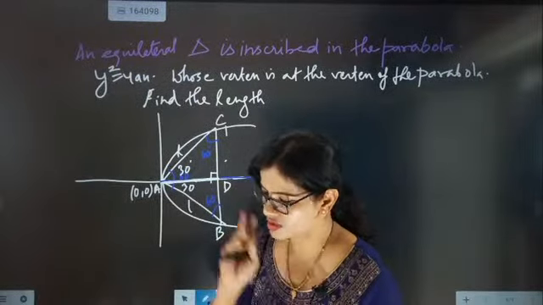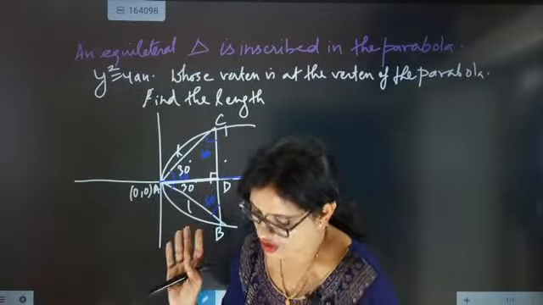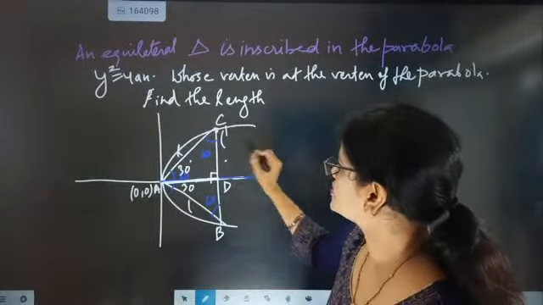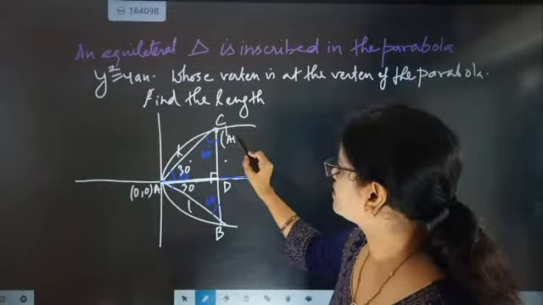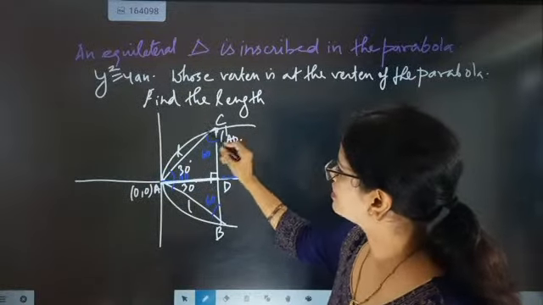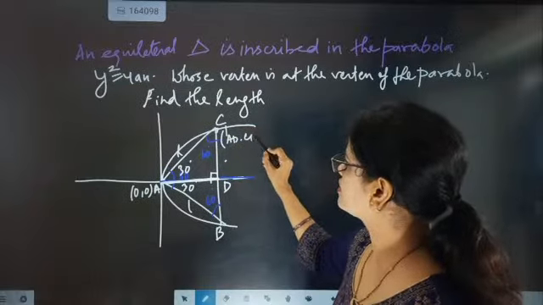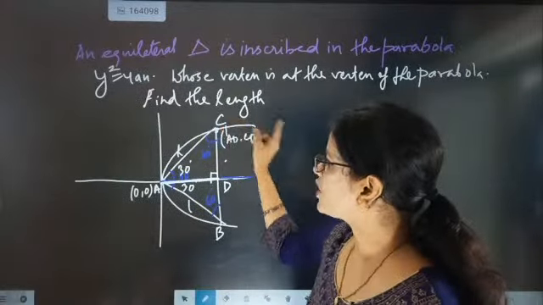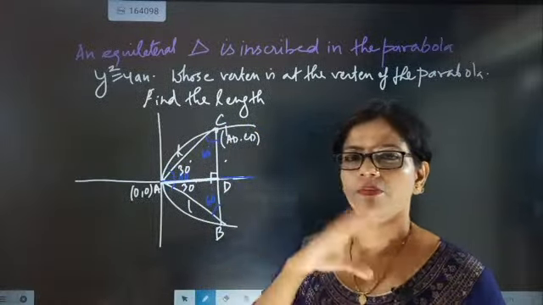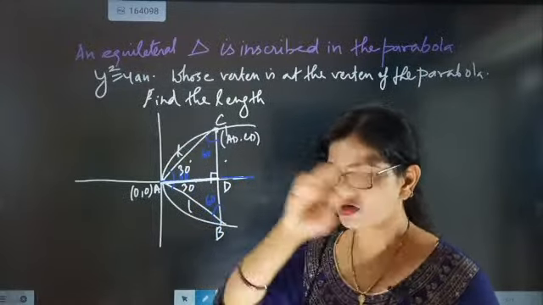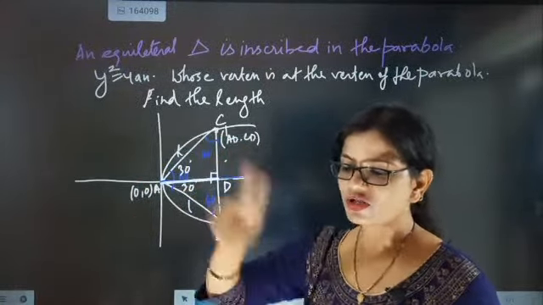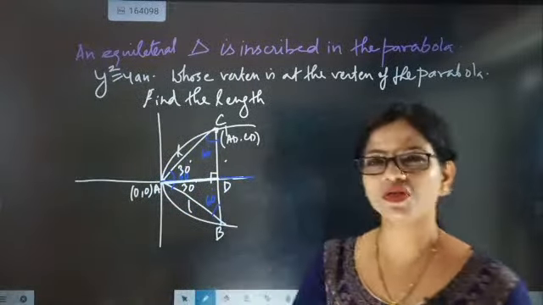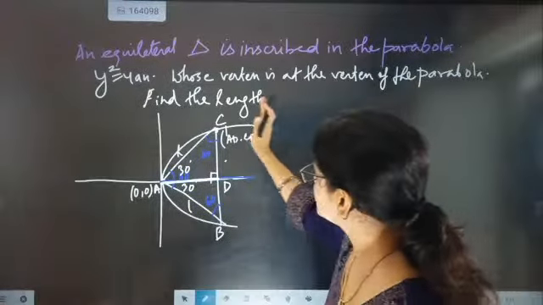If we know this length and this length, we will be able to write it, and this point is present on the curve. This point is present on the curve, so then we just have to substitute and get the length. Nothing else we need. So AD and CD.